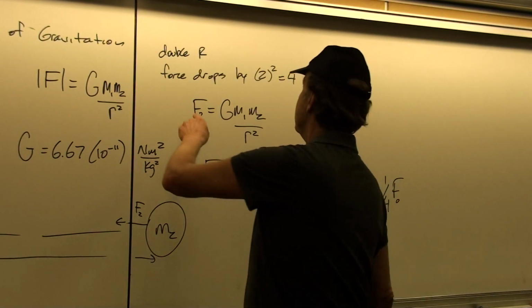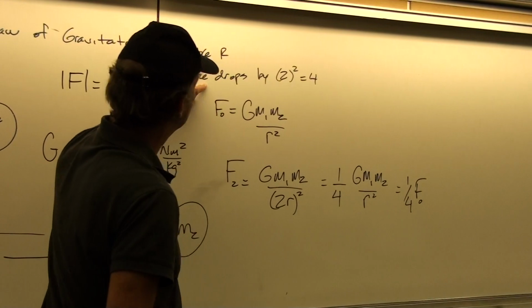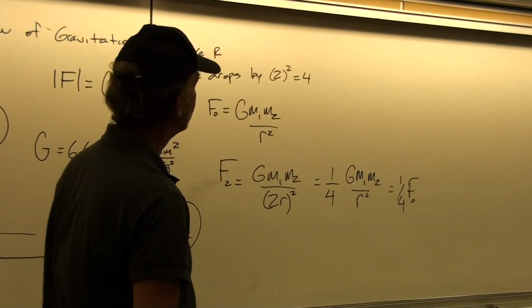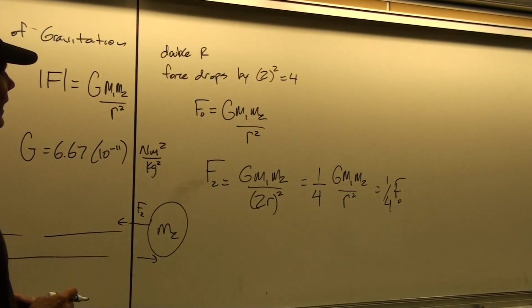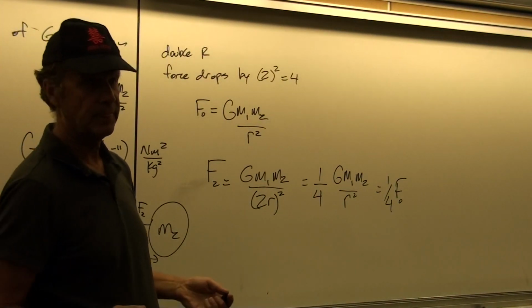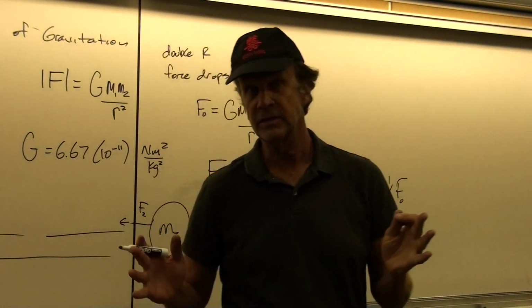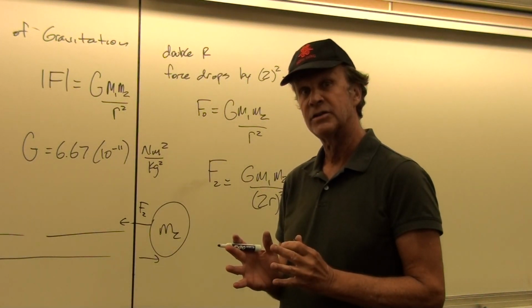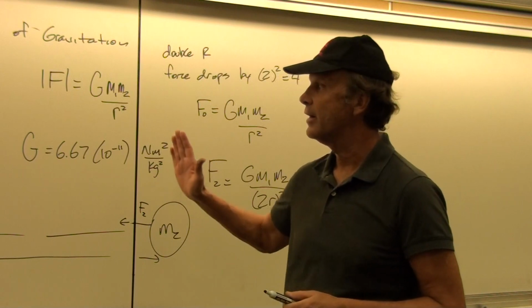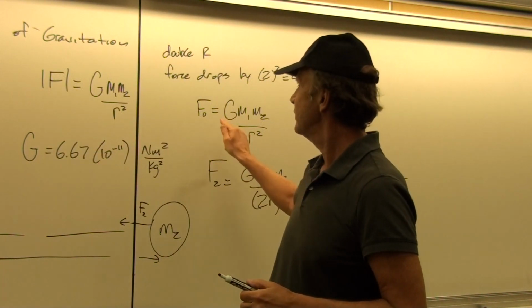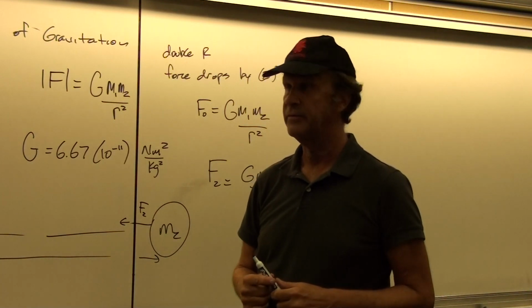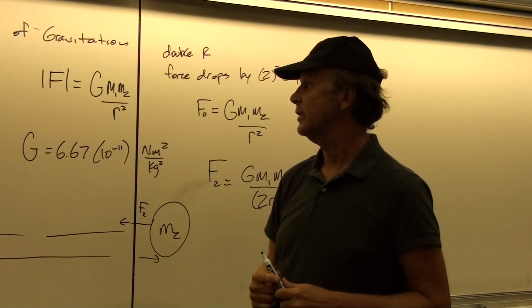Anytime you increase the distance by some numerical factor, the force will decrease by that factor squared. If you bring masses in closer together, the force will increase accordingly. So if we go from r to r over 2, this would end up being 4 times bigger than F naught. That I'll leave as an exercise for you to show.